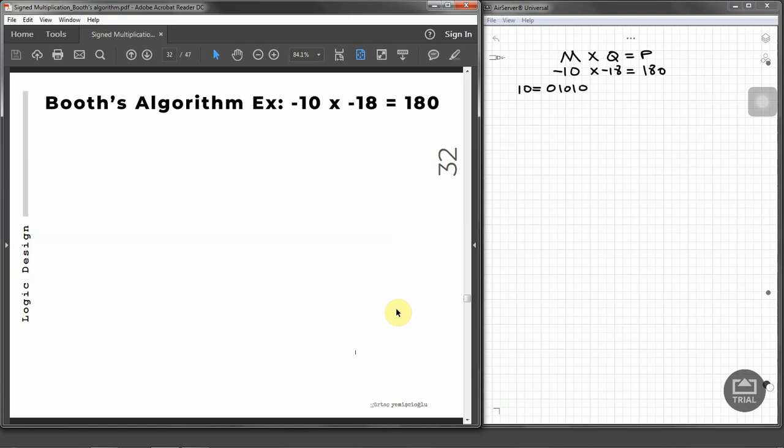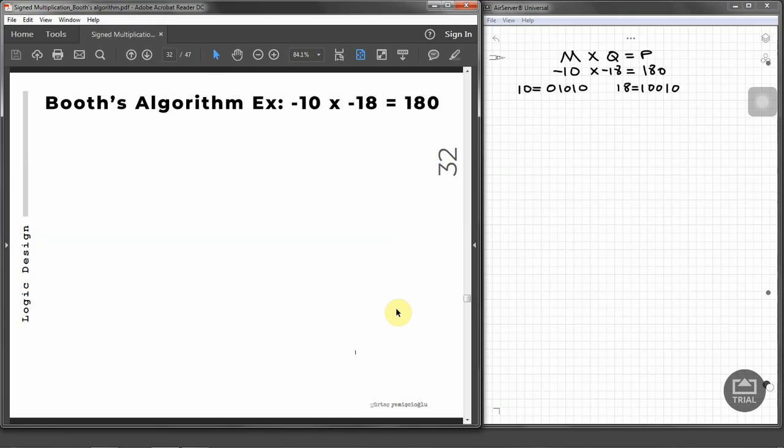So we need to have it 5 bits. And 18 is what? It's 16 plus 2. 16 is 2 to the power 4. 2 to the power 3 is going to be 0. 2 to the power 2, 4, is going to be 0. 2 to the power 1, 2, will be 1 and 0. So 16 plus 2 is equivalent to 18.